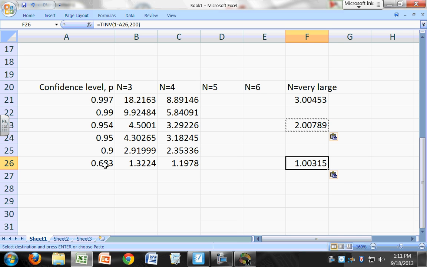Within 1 standard deviation, 68.3% chance. Within 2 standard deviations, there's a 95.4% chance. And within 3 standard deviations, that's pretty much close to 100%, 99.7% confidence. Okay?